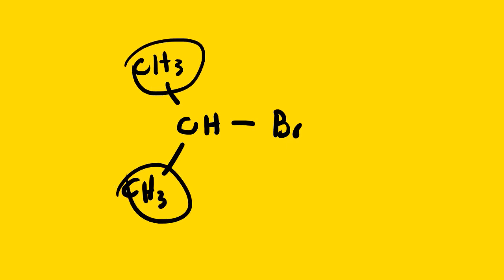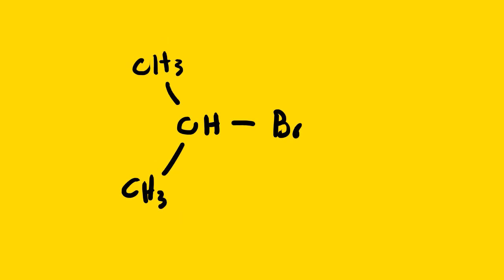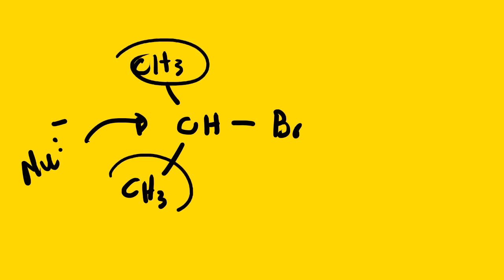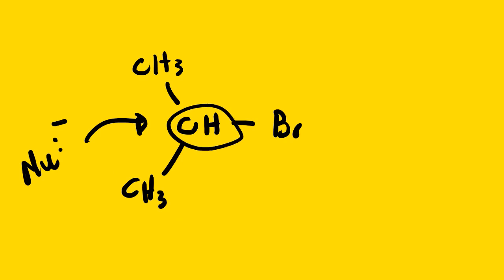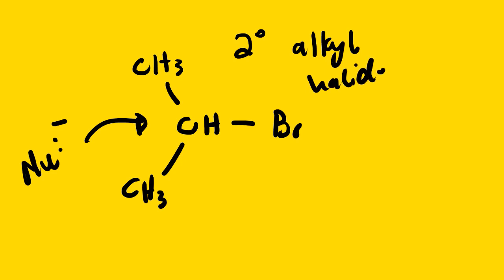You can see these are barriers. So it will be possible for the nucleophile to attack, but it will be a bit difficult because these methyl groups will hinder the stereogenic center. So for the secondary alkyl halide, it will be a bit difficult compared to the primary.